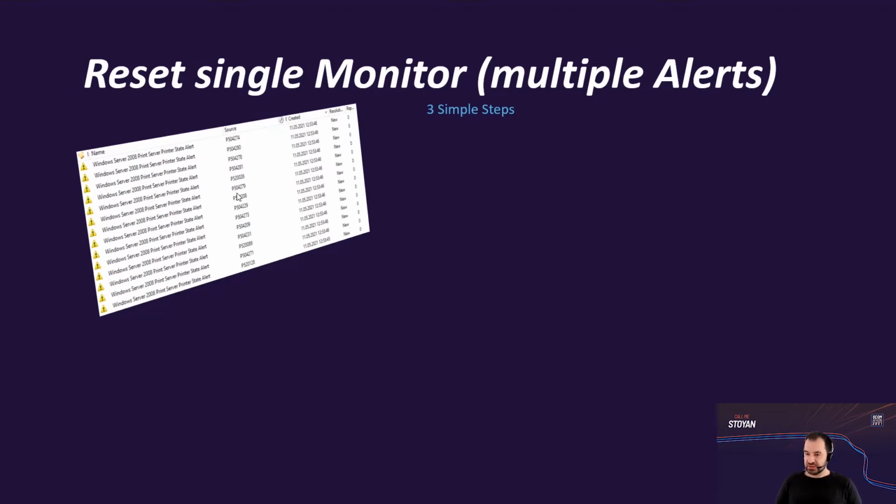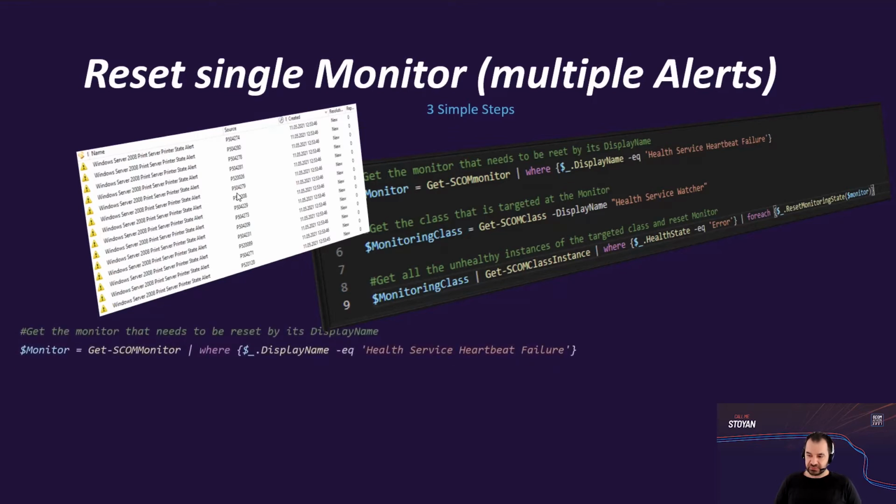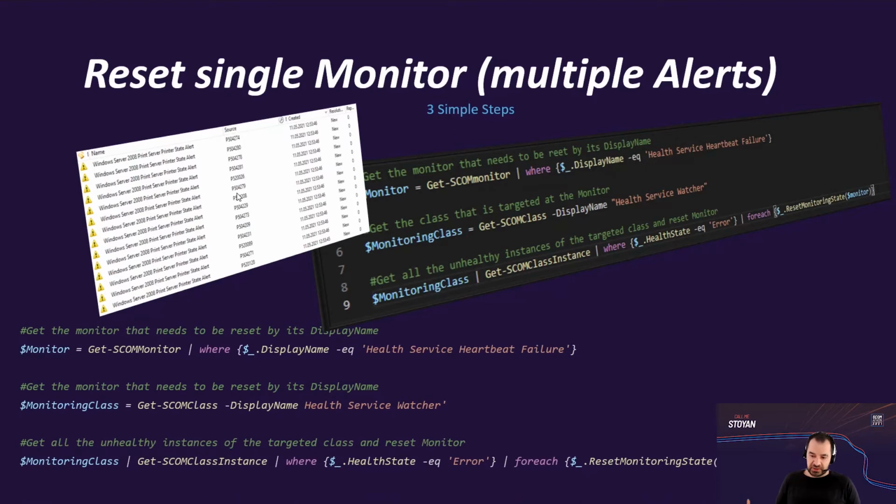In order to do this, you need to execute 3 simple commands. This is a screenshot from the script, and it consists of 3 commands. You need to get the monitor using its display name, you need to get the monitoring class, and you also need to get all the instances of this class and reset the monitor for all those instances.